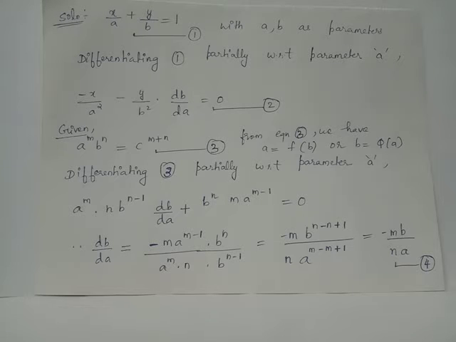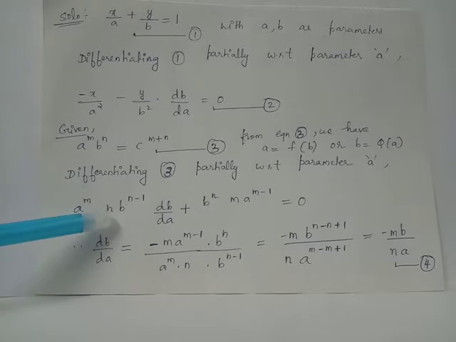We have the derivative of b raised to n with respect to a obtained as n times b raised to n minus 1 multiplied to db by da. The derivative of the first function a raised to m will be m times a raised to m minus 1. Thus we will arrive at this equation when you partially differentiate equation 3 with respect to parameter a.